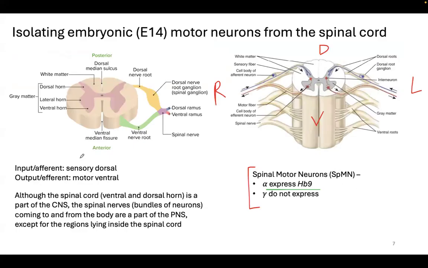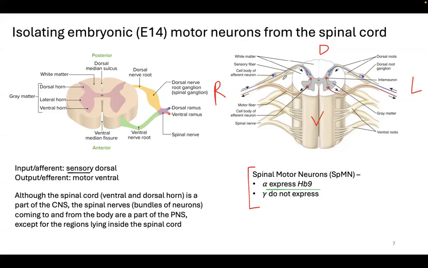So if you see here, on the back side is where you're getting your sensory neurons. The back or the dorsal side is where the sensory fiber, sensory neuron, sensory nerve, all of that is coming in. And then on the output side, your spinal cord is taking input in the form of some senses, and the output is an effect that's a movement.